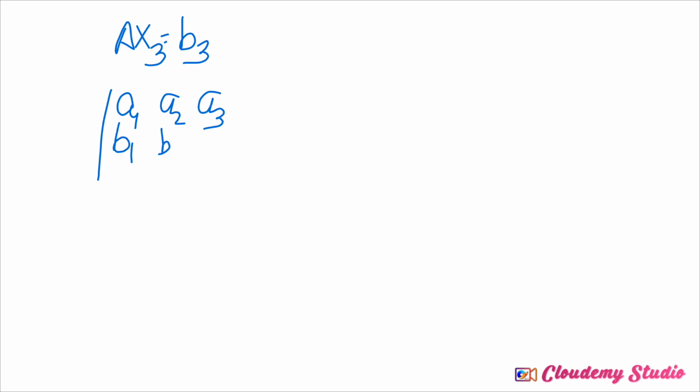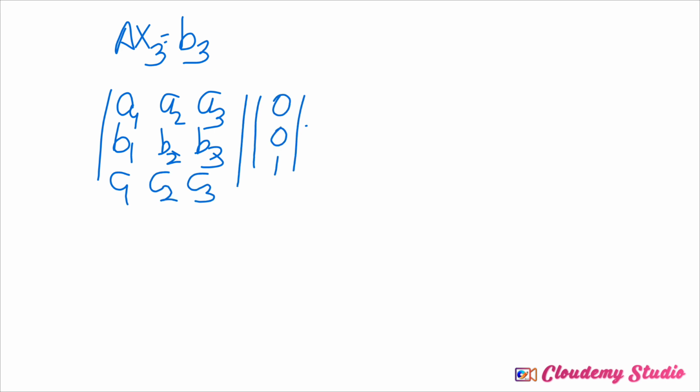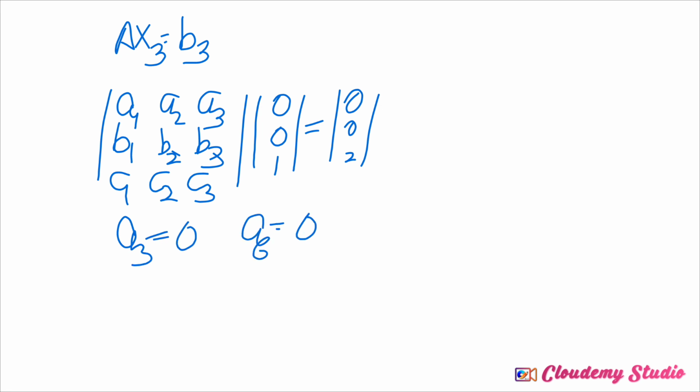Now next I will do A times x3 equals b3. So this will be a1 a2 a3, and so on. So 0, 0, 1 is 0, 0, 2. So from here I'll get a3 is 0, a6 is 0 and a9 is 0.